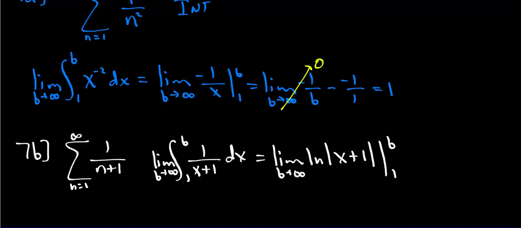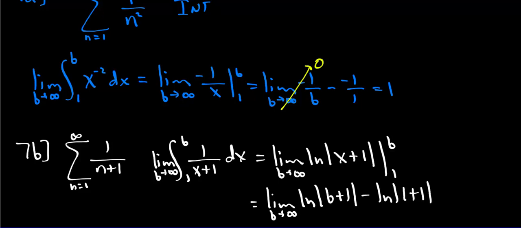Well, we can see right away that's going to diverge because we've got the log here. So we've got the limit as b goes to infinity, log of b plus 1 minus log of 1 plus 1. This one diverges. Now, as soon as we see part of this diverge, we're done. So this one diverges by the integral test.